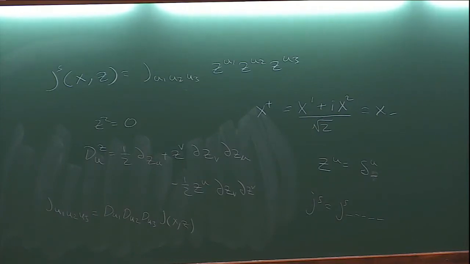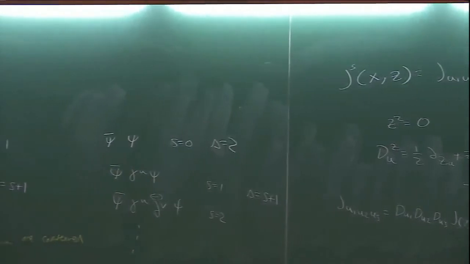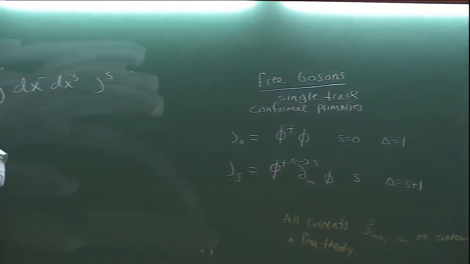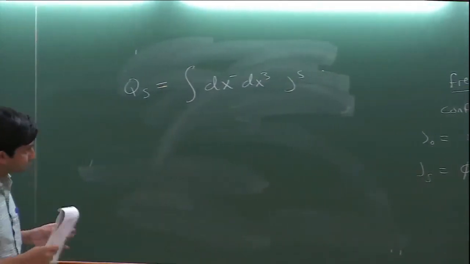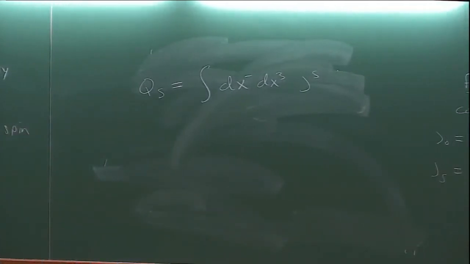Okay, so now we have these currents, and they generate a bunch of charges. Those charges I can define as, okay, so if I take a slice of space which is perpendicular to x minus, I can integrate over that to get a charge.